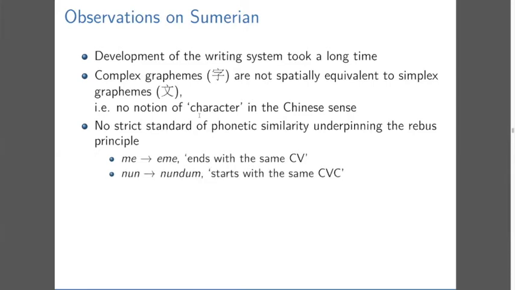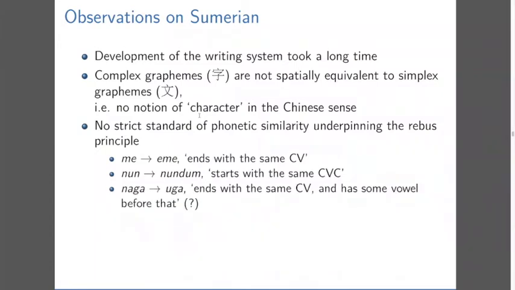And then there's this nun used for nundum, which instead the principle would be starts with the same CVC. And then using naga for uga, I find a little particularly strange because it's some kind of principle like ends with the same CV and has some vowel before that CV, but not necessarily the same vowel.